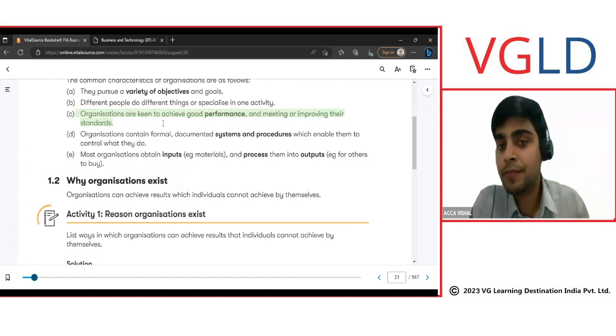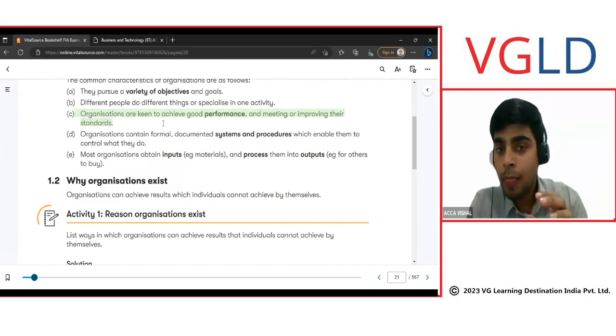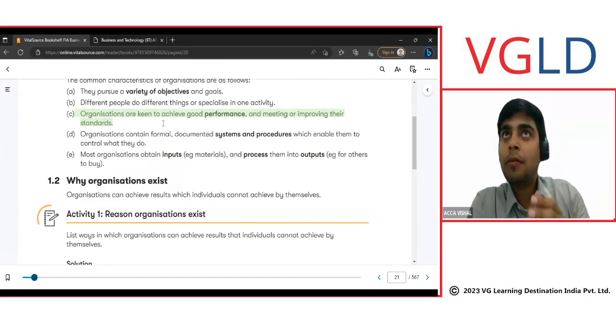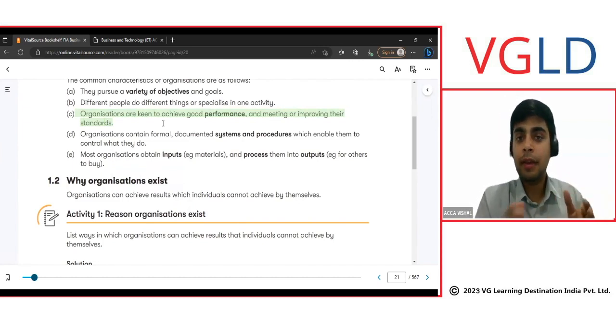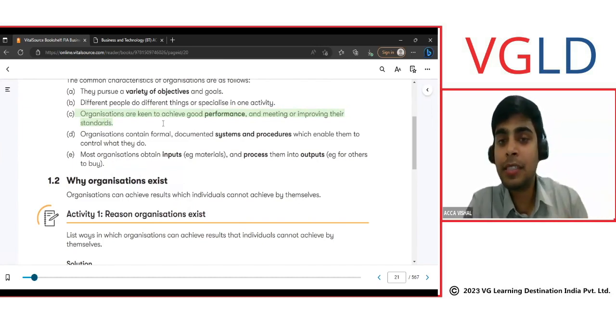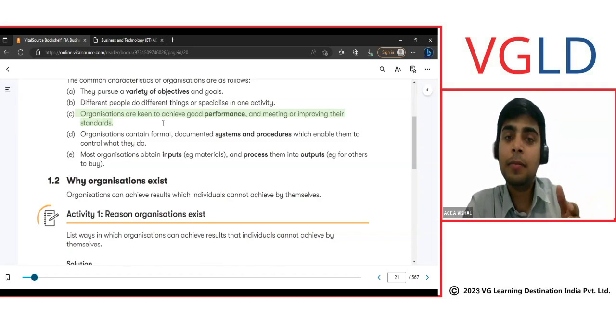Standard means, let's say in the case of the LPG cylinder, the person who delivers the LPG cylinder is responsible for delivery, so he covers, let's say, 20 houses in a day.